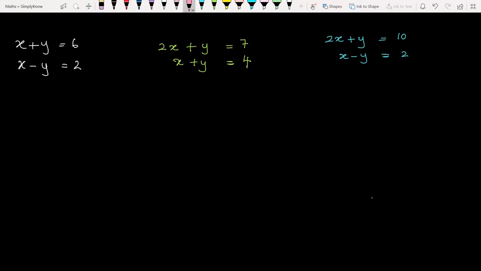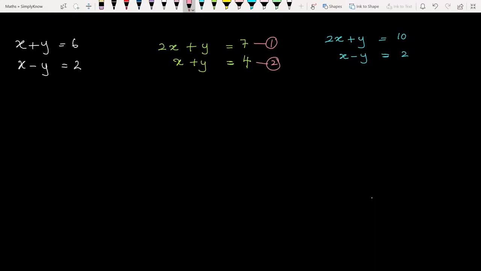So in the second one, we are going to eliminate y because the coefficient of y is 1 in both equations. So first of all, we are going to name these two equations as 1 and 2. Now we are going to eliminate y and find the value of x.